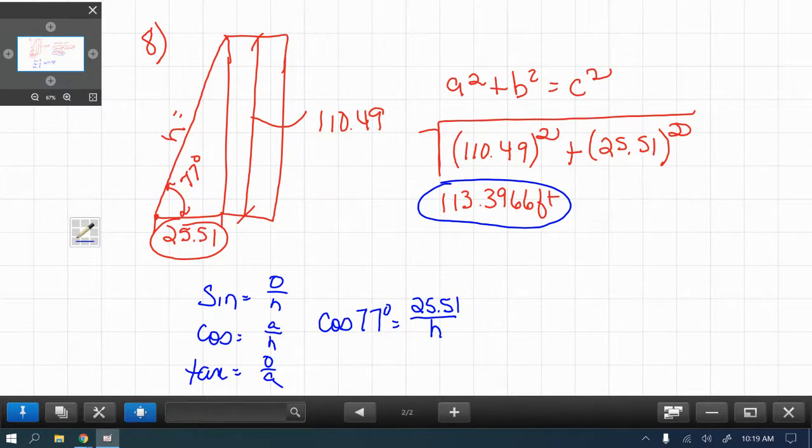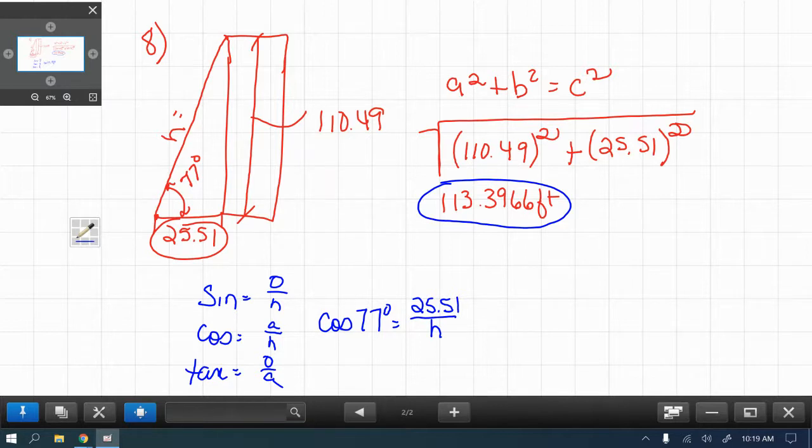And there's probably 3 ways you could solve this problem. We could have done sine of 77, which is opposite over hypotenuse, so we could have solved that one multiple ways. We could have done it by sine or cosine. So just make sure it's working out.